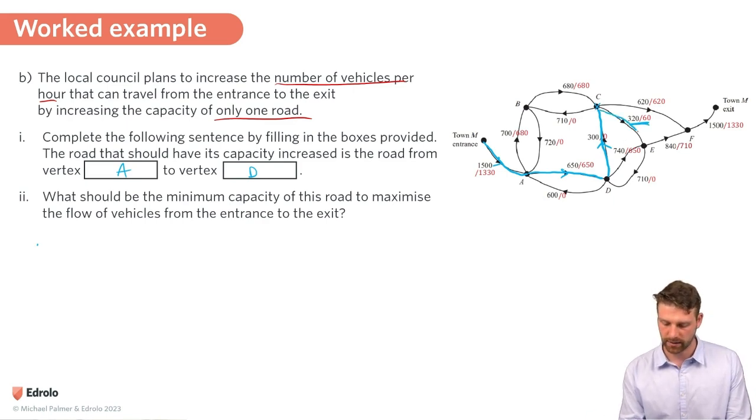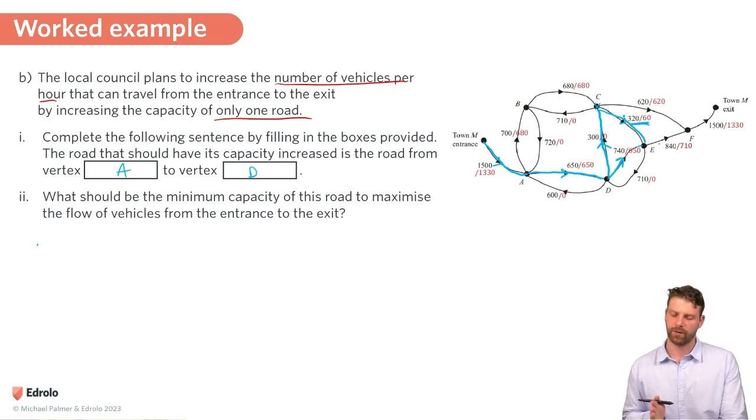So I can send some more that way, and I can send some more through DE. They're the only paths I can take, though, before I'm interfering with that top flow of the vehicles. And so then I can send through EF, but I couldn't send any up through CF. That was already taken by the top flow, that top path. So that's where I can push the water.